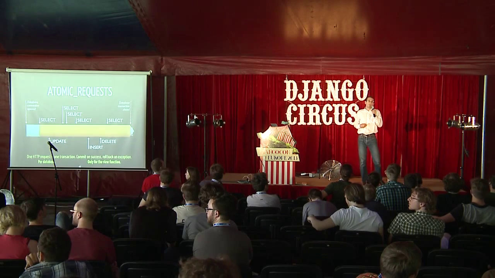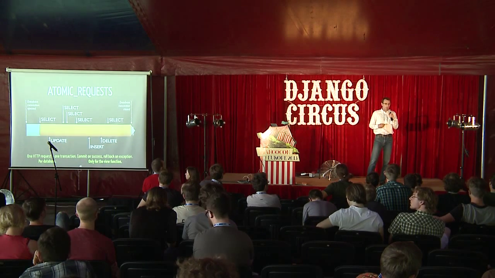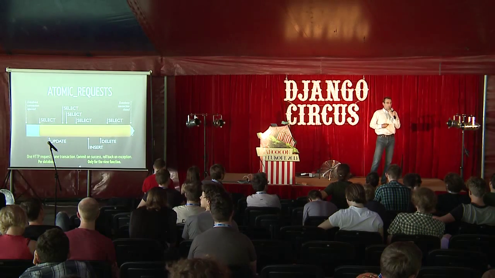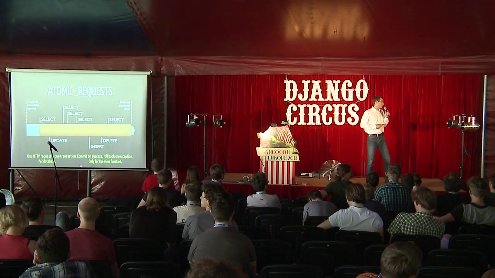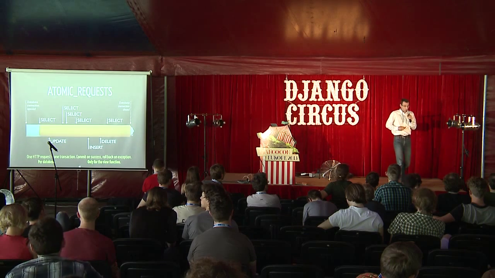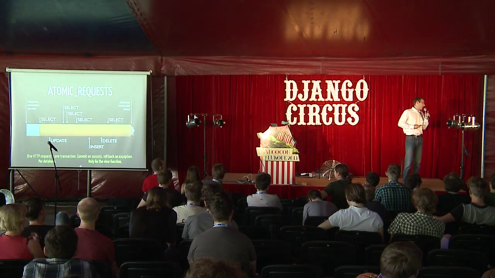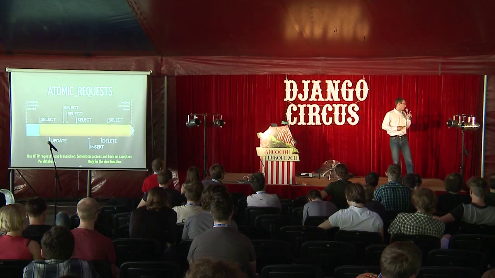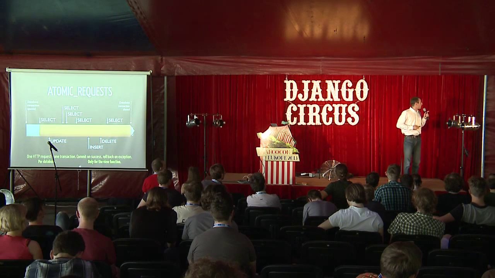Middleware isn't intended to crash in any way, or middleware should do its own error handling. So in your middleware, and especially in response middleware, you can assume that the database connection is usable, because if there were an error, atomic request took care of doing the rollback when exiting the view function. So that's kind of cool.